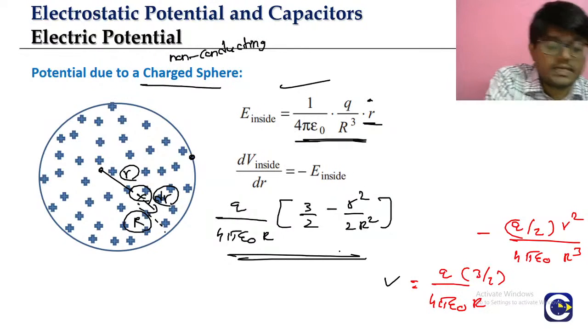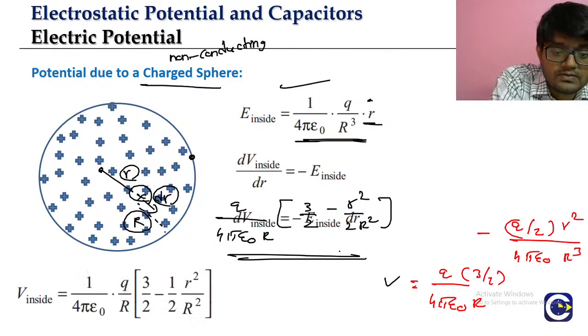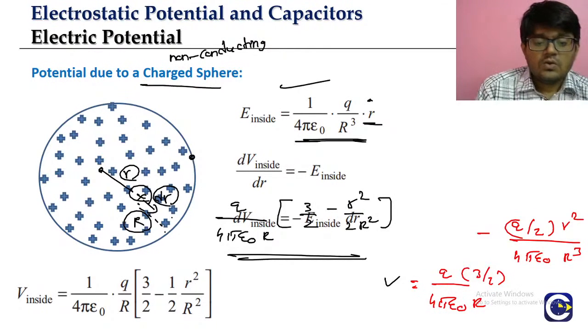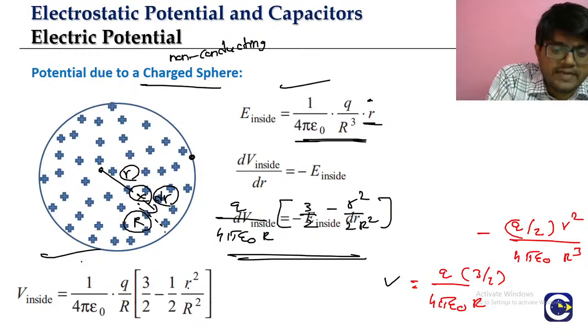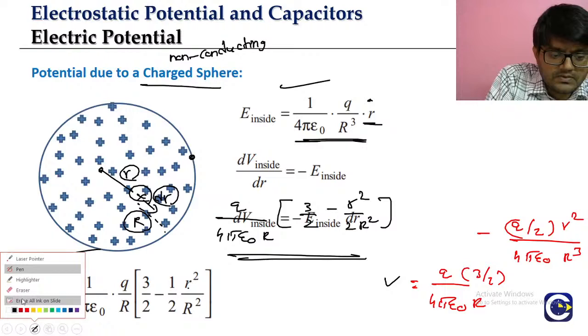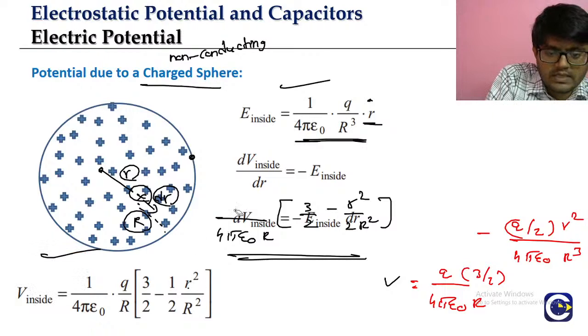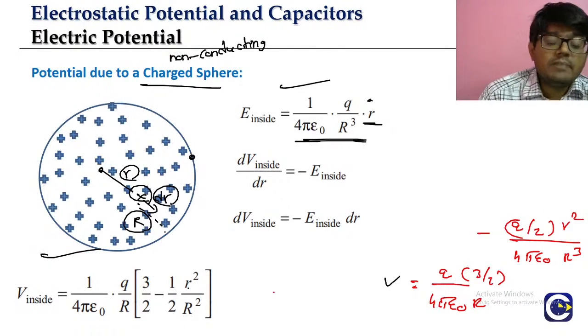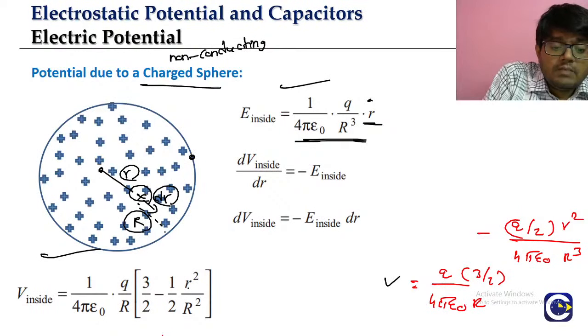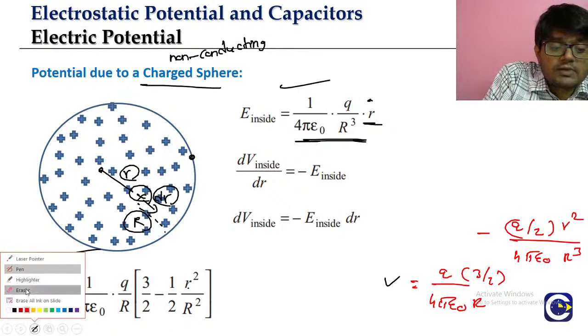So this is our V value. The final expression: 1 by 4 pi epsilon naught q by R into (3 by 2 minus small r square by 2 capital R square).